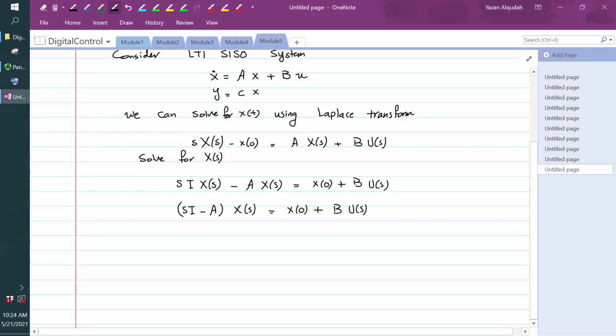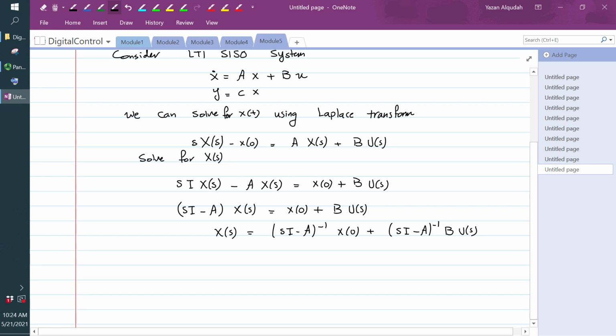Okay. But I want to solve for X of s, so I can multiply both sides by the inverse of what multiplies X of s. So this is going to be (sI minus A) inverse multiplied by x of 0 plus (sI minus A) inverse multiplied by B multiplied by U of s.